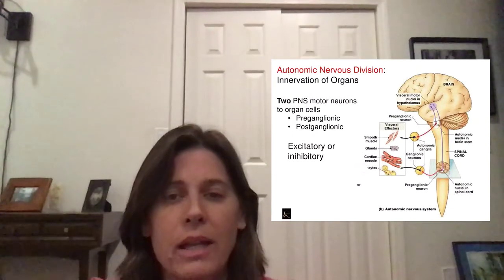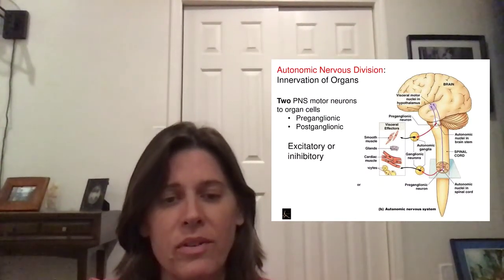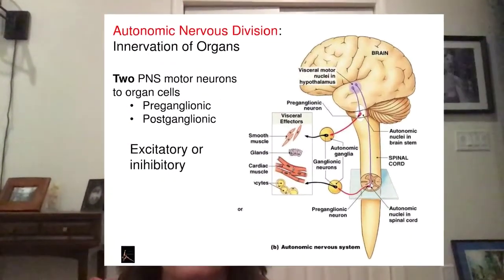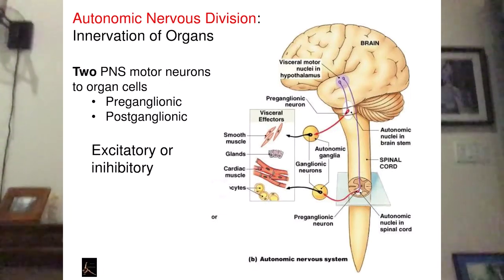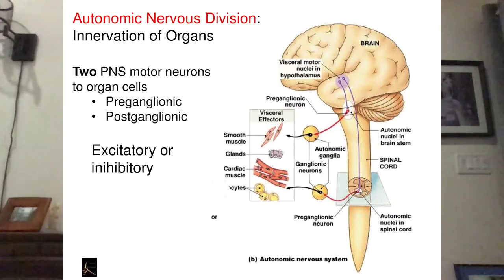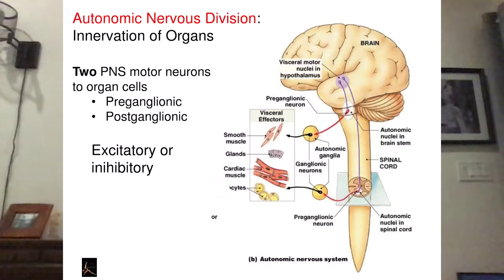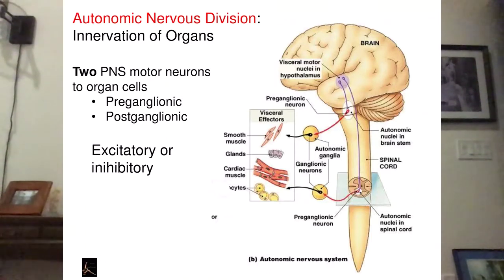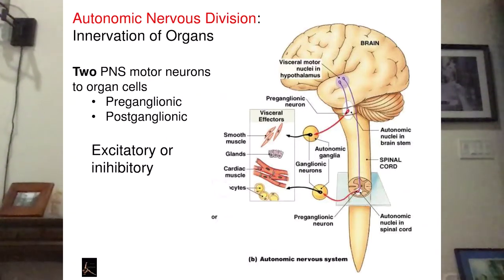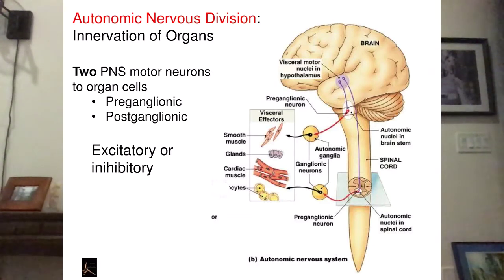All right. In the autonomic nervous system, let me focus in on this for you. Again, this is where we're controlling our organs, so this is innervating our organs, or the nerve connection to our organs. There's a difference here in the receptor and the effector location.